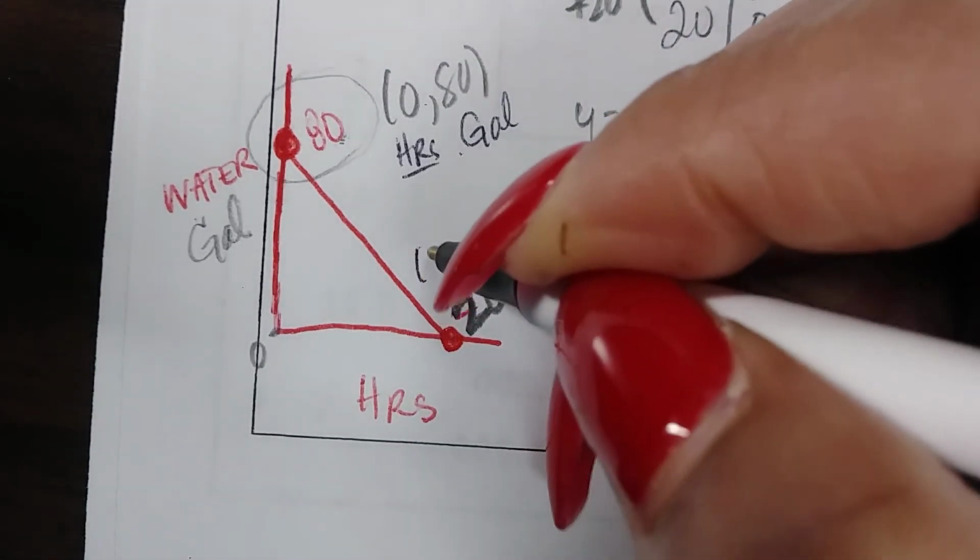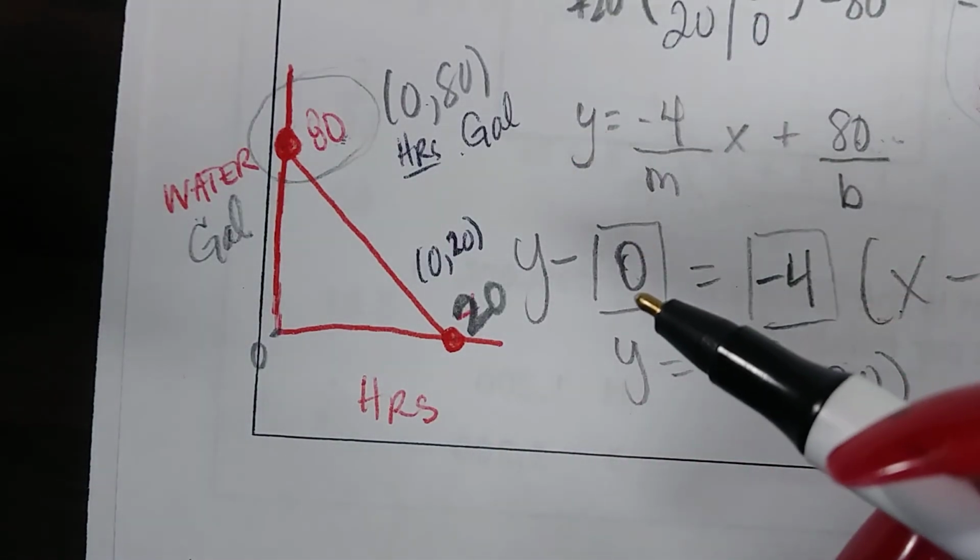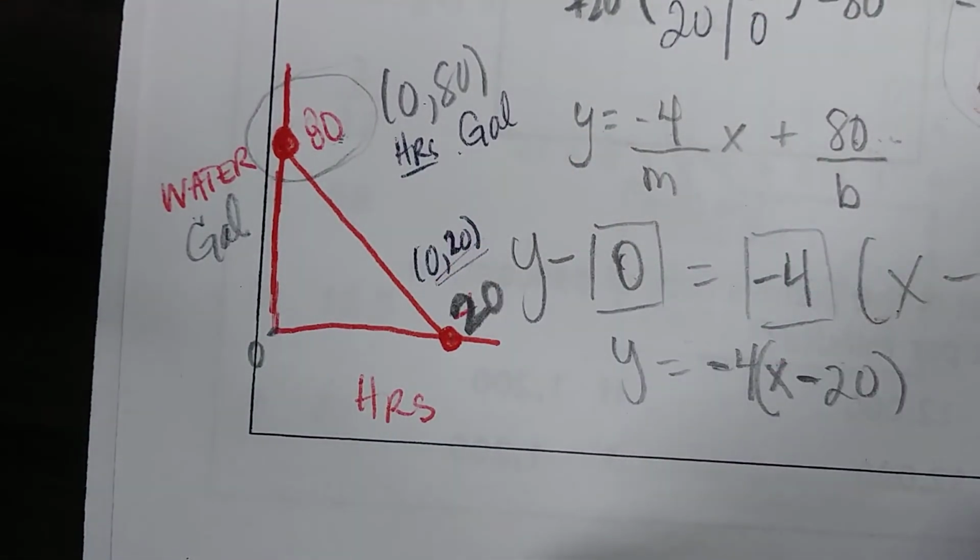The x-intercept. What's wrong with that?